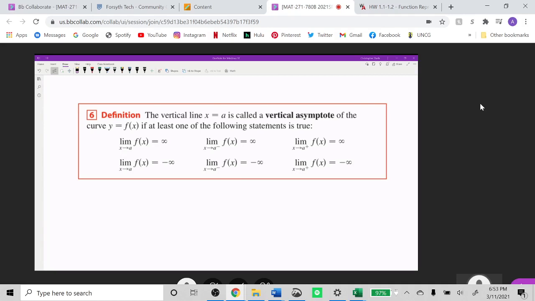Or any of the variants of that involving one-sided limits as you see before you now. This is just redefining the idea of a vertical asymptote in terms of the language of calculus.